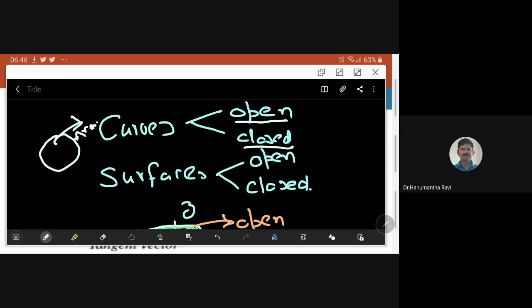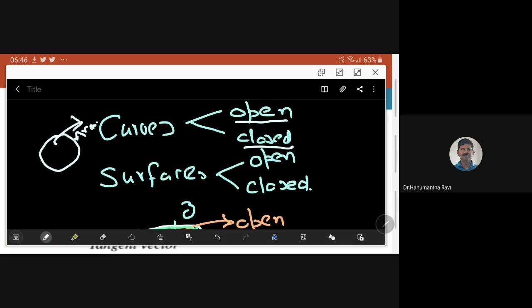When it comes to surfaces, instead of length of the curve, the similar word here for a surface is the area of the surface. But when it is a closed surface, then that closed surface encloses a volume.